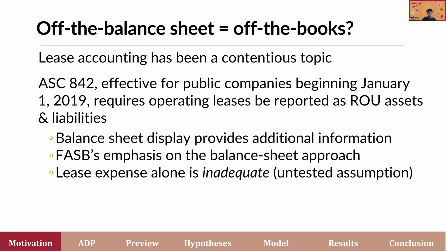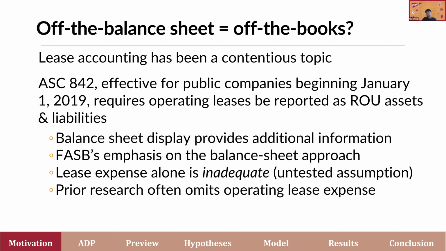And implicit in the standard, which is largely untested, is the assumption that lease expense, which has already been recognized on the income statement as part of operating expenses, is not adequate. And therefore, we need to book those lease expenses onto the balance sheet as lease liabilities and assets.